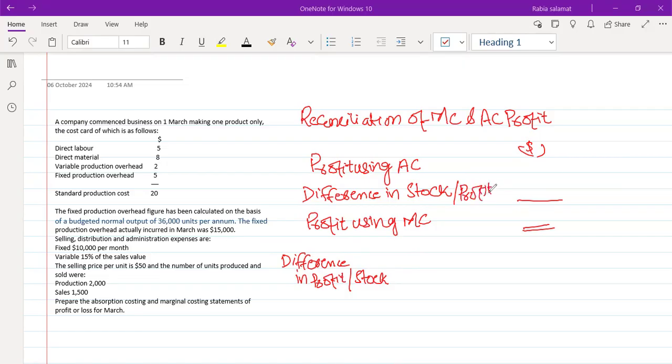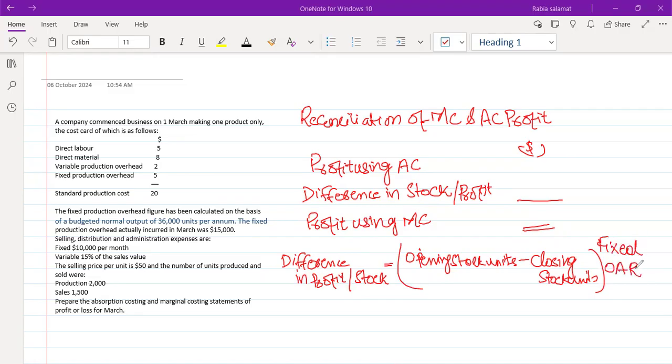We will start from the profit using absorption costing, difference in profit, then profit using marginal costing. How will we calculate the difference in profit? We will take opening stock units minus closing stock units, multiplied by fixed OAR.